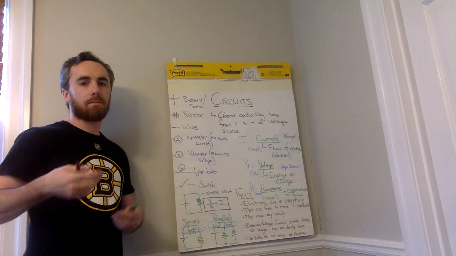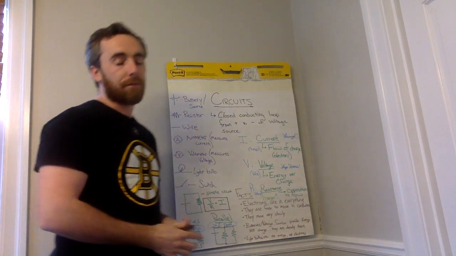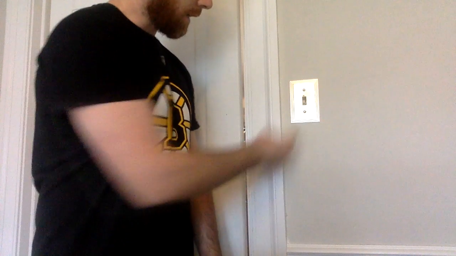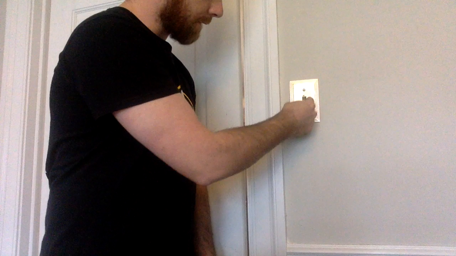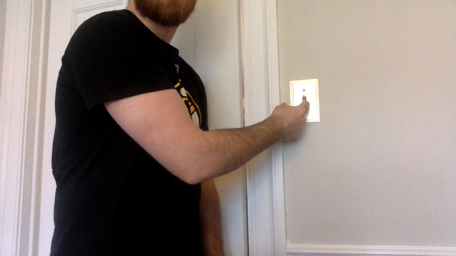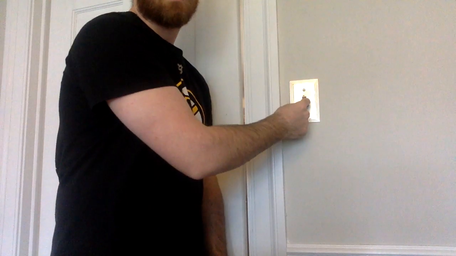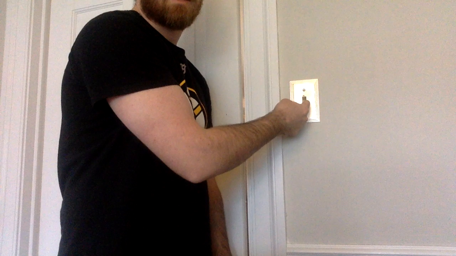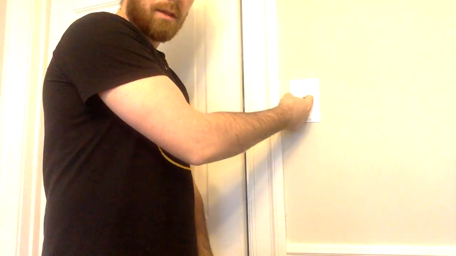More resistance, less current. That's why, if I have this dimmer switch on the side of this and I bring it down like this, I'm increasing the resistance, and the reason I can tell is because the light gets dimmer, which means the current is going down, which means this must be the high resistance. It's resisting the flow a lot more than this one is.